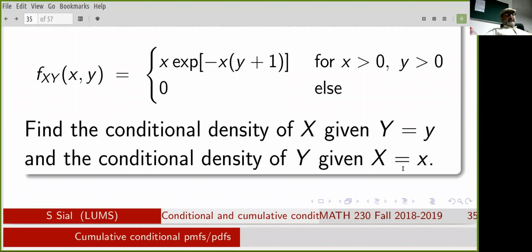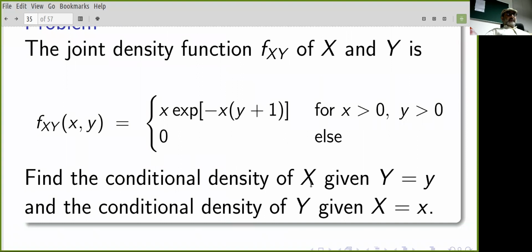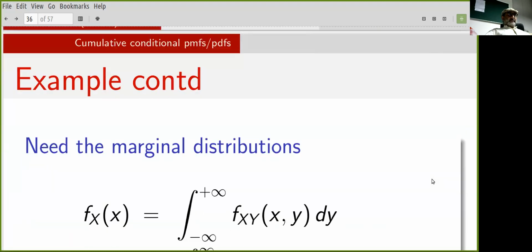So the problem is to find the conditional PDF of x given that y is some fixed value small y, and the conditional density of y given x is equal to some value small x.